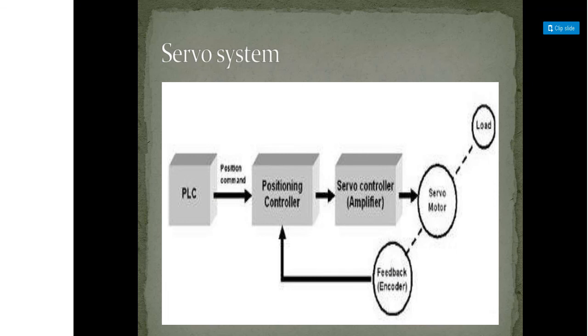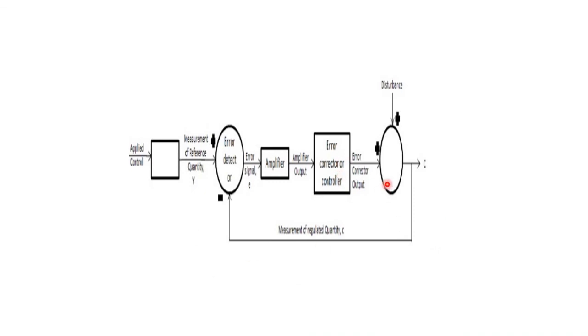So this is a basic diagram of the servo motor system. Check it here. So the output of the servo motor, the error signal is given here. So the applied signal and the output are both being checked and given to the error corrector, and based on it, the angle of rotation is given to the system.